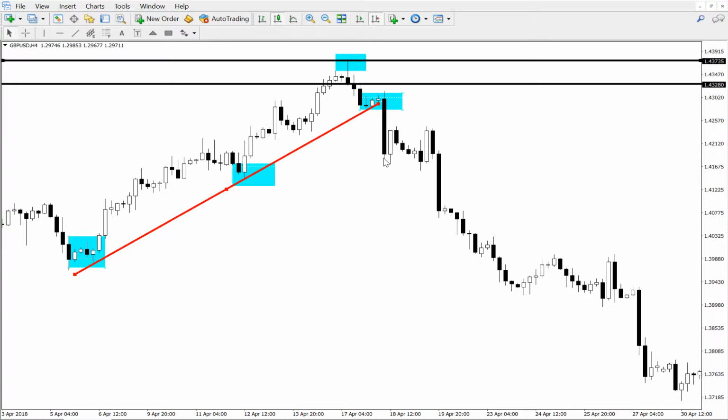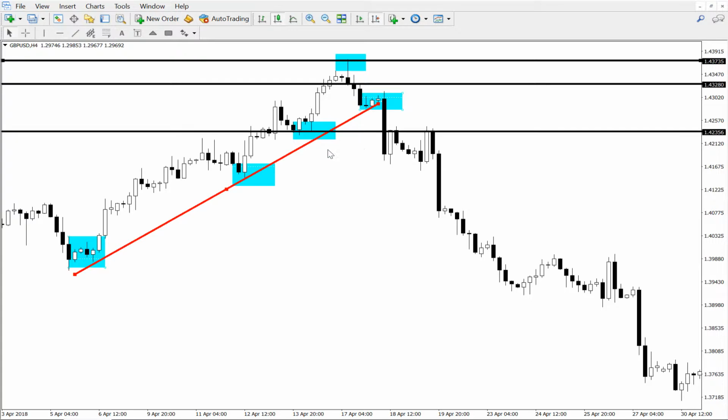This is a very sharp candle. So now we can anticipate that the market is in down mode. Why? Because this was our last swing low. When the market broke this swing low in this sharp way, we can assume that the market will be in down mode. But we never sell right here, because we will wait to retest back.